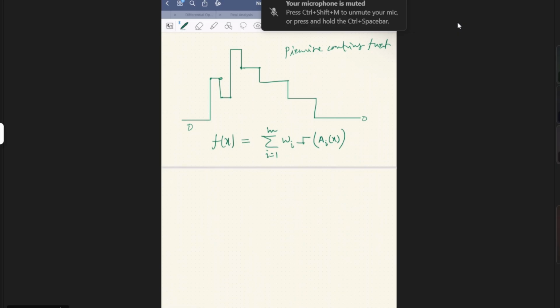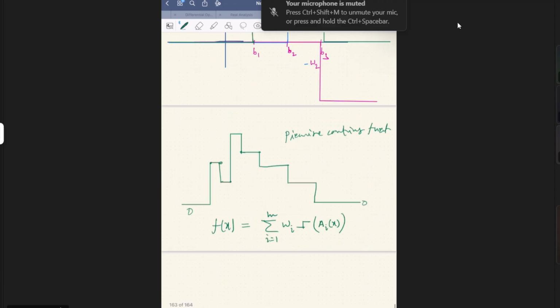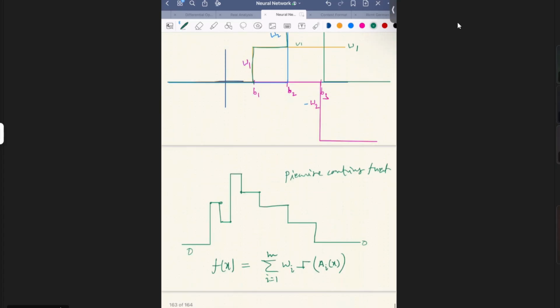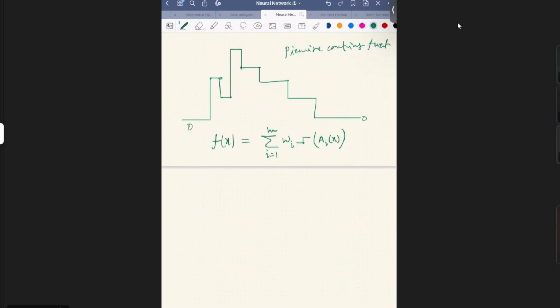Now, how can I go ahead with the same thing for a smooth function, not a piecewise continuous one? I need a continuous function, so I need to allow this activation function to behave as a continuous function rather than a signal.